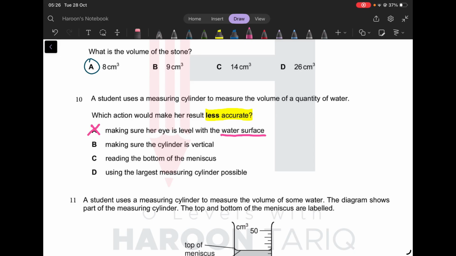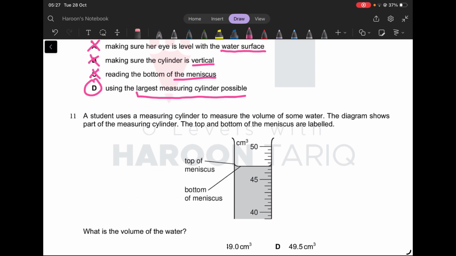We'll cancel it out. Making sure the cylinder is vertical, this would improve the reading. Reading the bottom of the meniscus, yes, that is what we do. This will improve our reading. Using the largest measuring cylinder possible, we use the smallest measuring cylinder possible for accuracy. This would actually make it less accurate. So D has to be the correct answer.